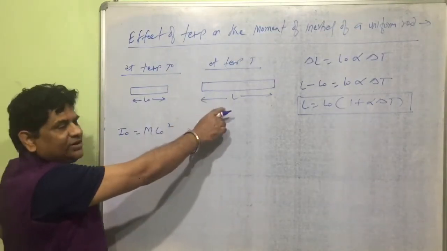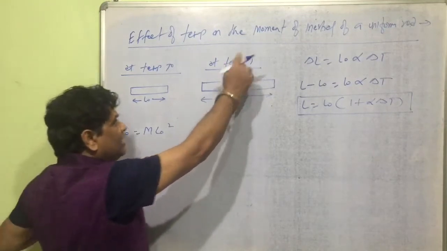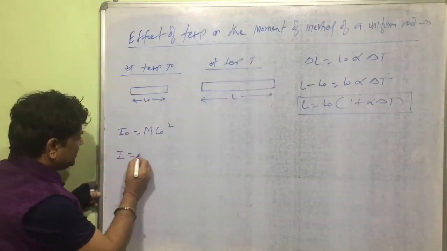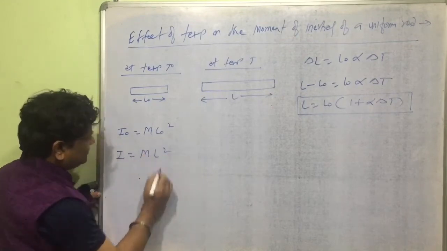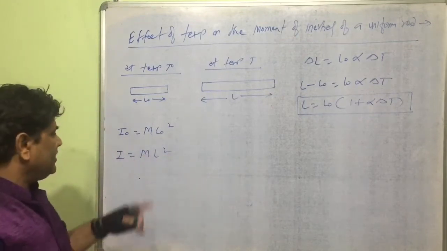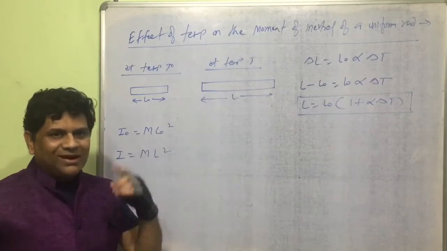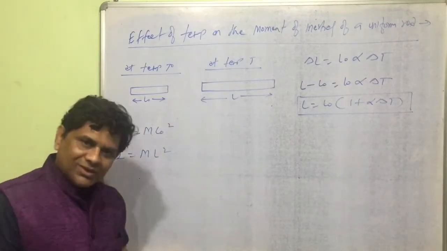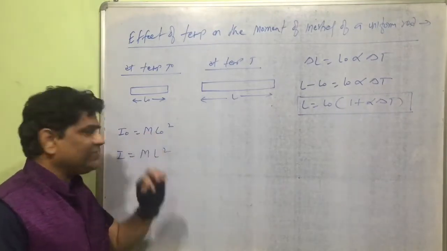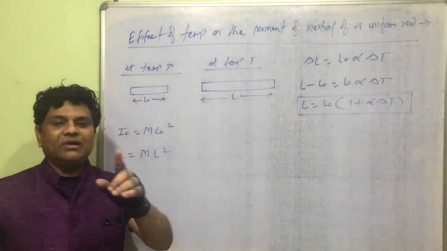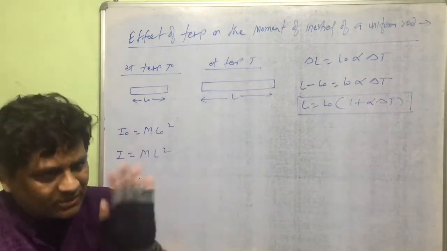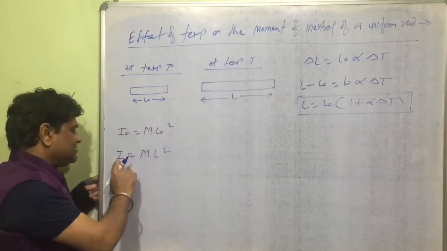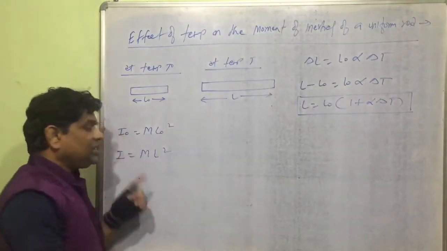What is the final moment of inertia of the same rod at temperature T? This is I is equal to m into L square. Mass does not change. As temperature increases, length also increases. So initial length was L naught, final length will become L. This is the initial moment of inertia of a rod and this is the final moment of inertia of a rod.